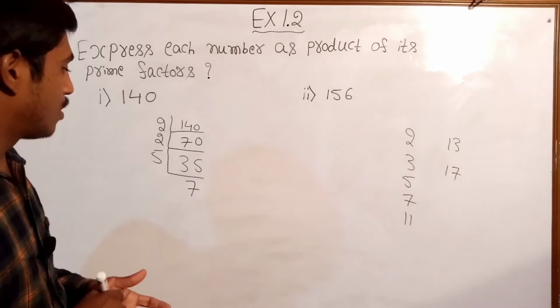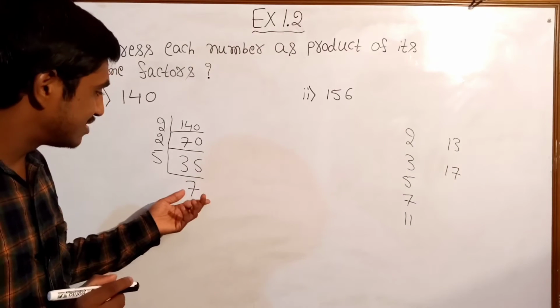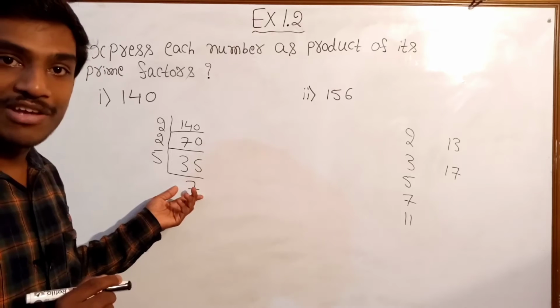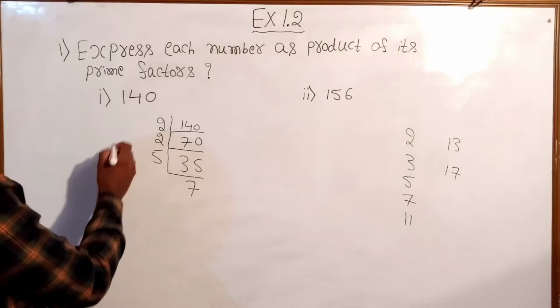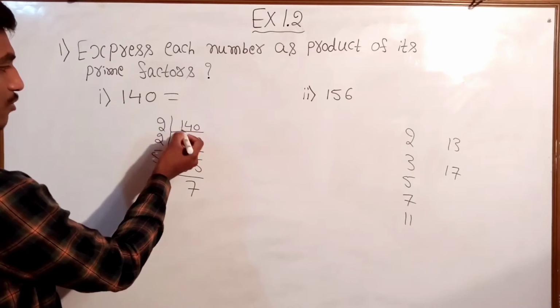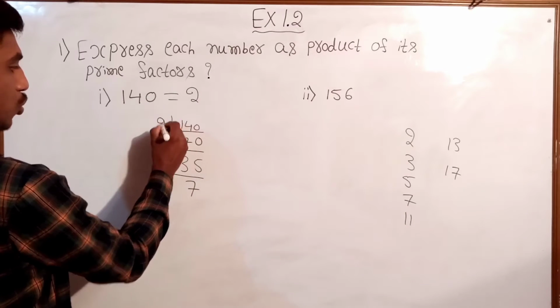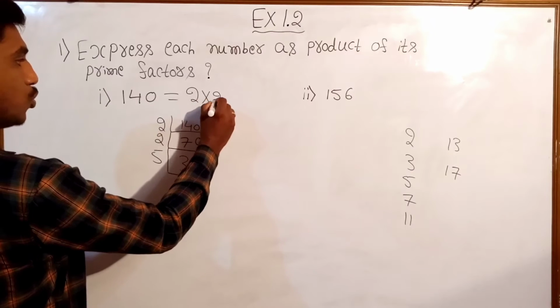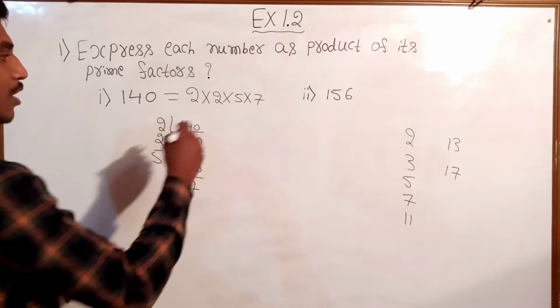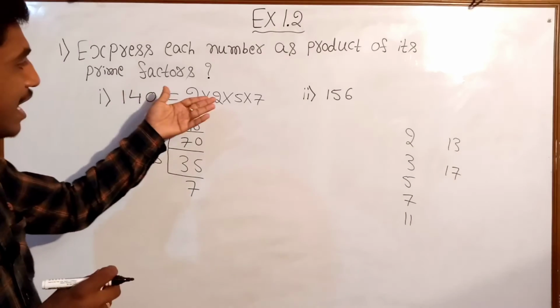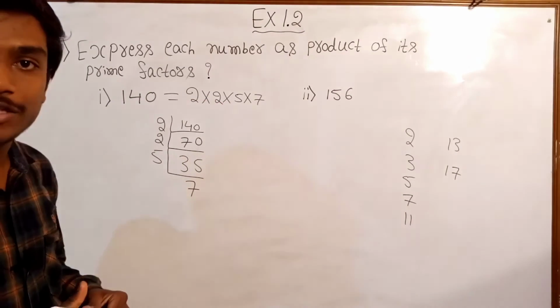We will stop here because we got 7, which is a prime number. 140 can be written as the product 2 into 2 into 5 into 7. So this is how we write 140 as 2 into 2 into 5 into 7.